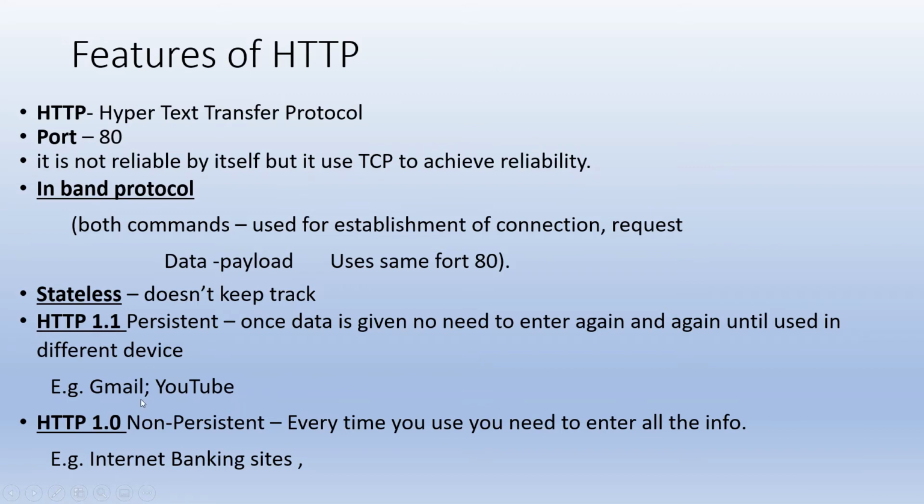Now persistent and non-persistent. Previously we had HTTP 1.0, an older version, and now we are using HTTP 1.1. Our latest version is a persistent network. That is, once data is given, there is no need to enter it again and again until used on a different device.